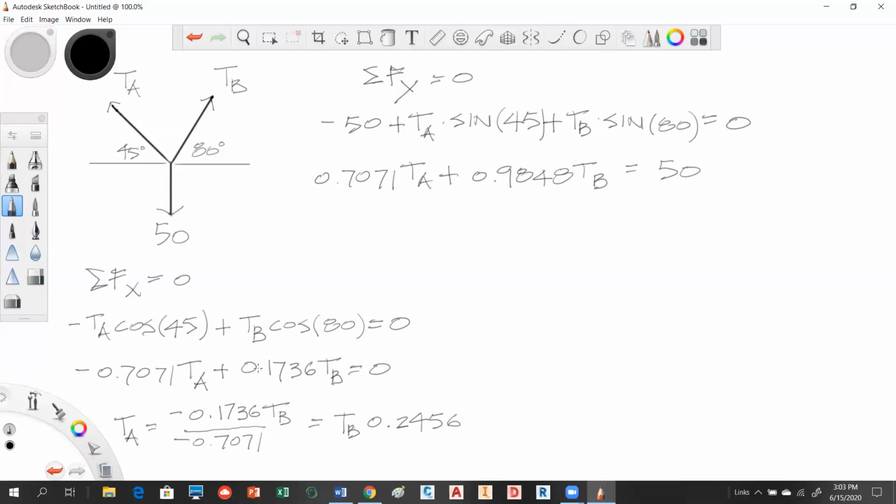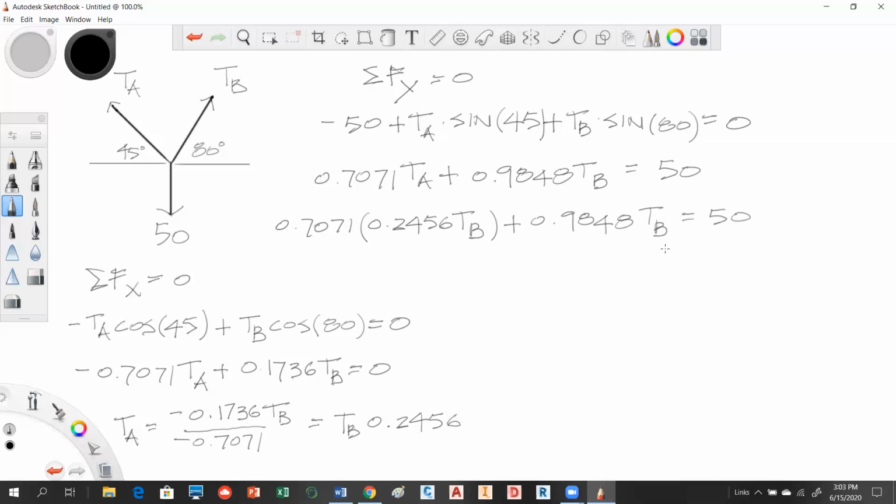So now recognizing that we have tension A is equal to this tension B, we can plug this guy into here, and we wind up with 0.7071 times 0.2456 tension B plus 0.9848 tension B is equal to 50.